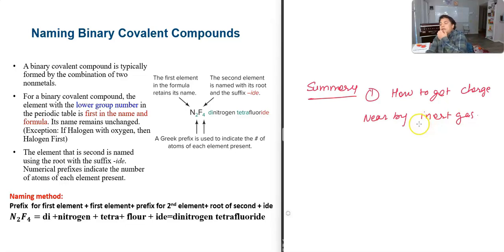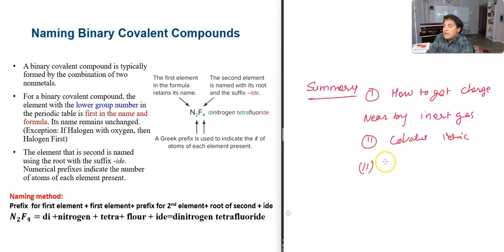We subtract the atomic numbers, the atom and the closest inert gas, and that will be your charge. So that is one thing. And second, we have studied two types of bonds, covalent bond and ionic bond. Two bonds, right? And third, covalent bonds are formed by non-metal and non-metal, and ionic bonds by metal and non-metal.